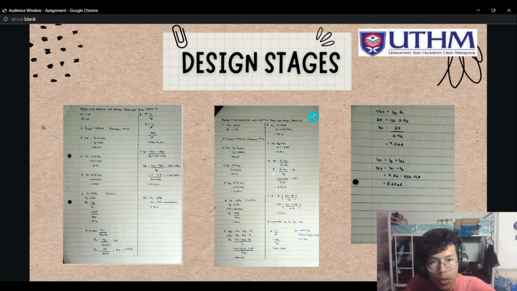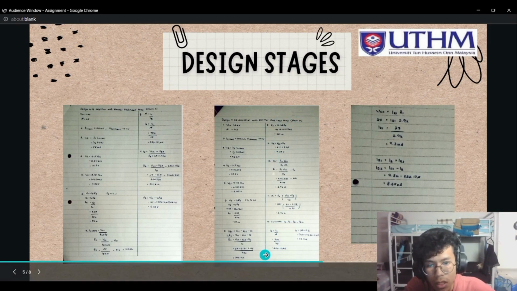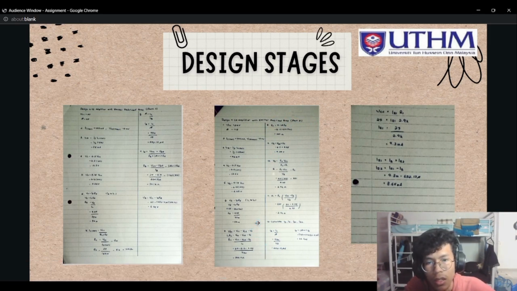As for part 2 of the design stage, for question number 1 until number 6, it's actually the exact same calculation as part 1.